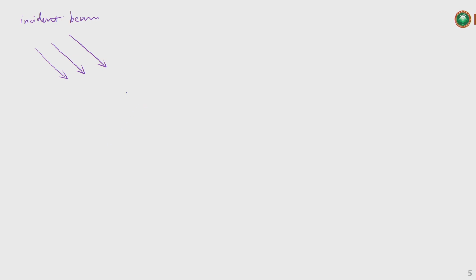Then there is a target, like an aircraft, maybe. And after that, there should be scattering around it, right? So some parts will be detected along this direction by our radar system. So this is the scattering beam.